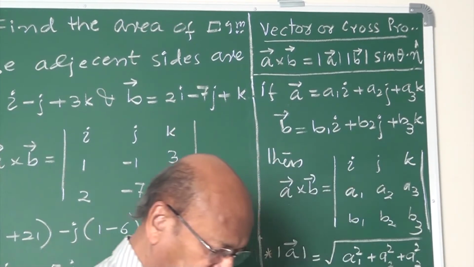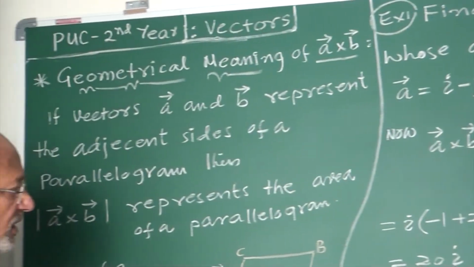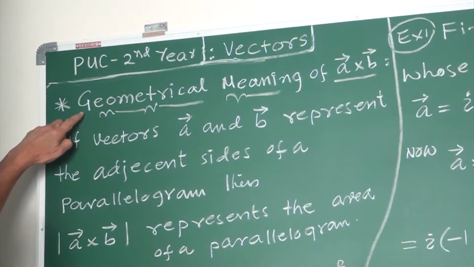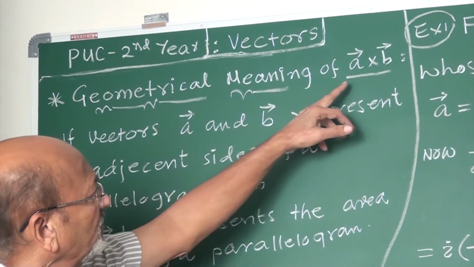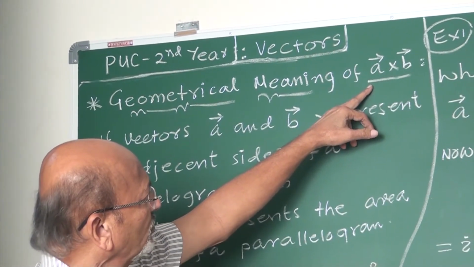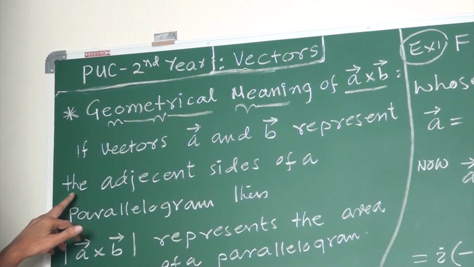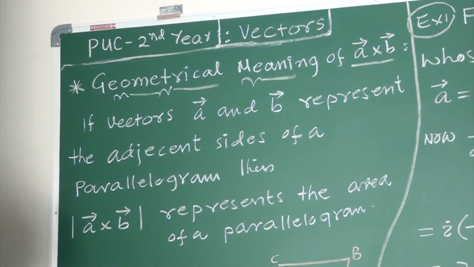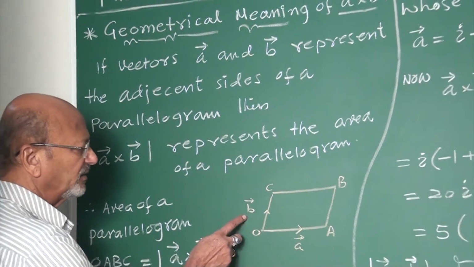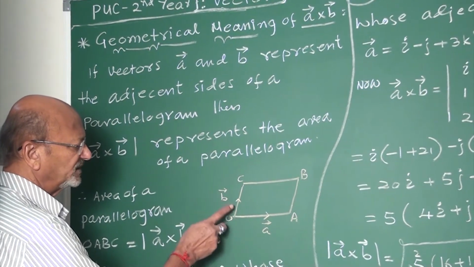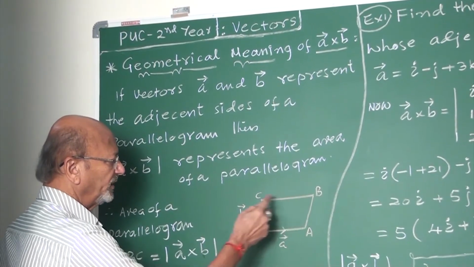Now, the next part of the cross product is the geometrical meaning of A cross B. If the vectors A and B represent the adjacent sides of a parallelogram, this is the parallelogram. Vectors A and B are the two adjacent sides of the parallelogram OABC.